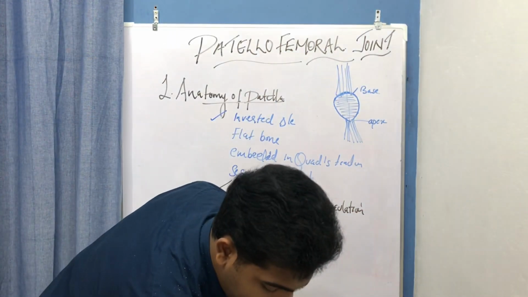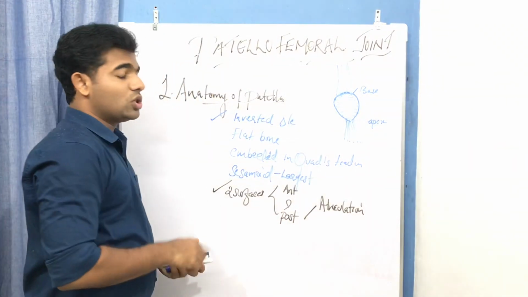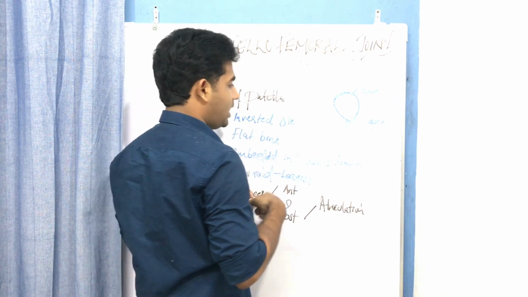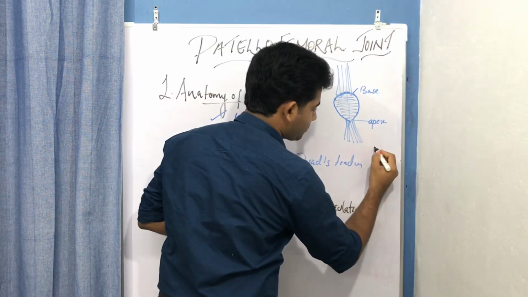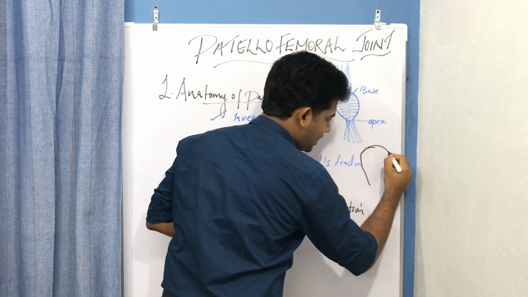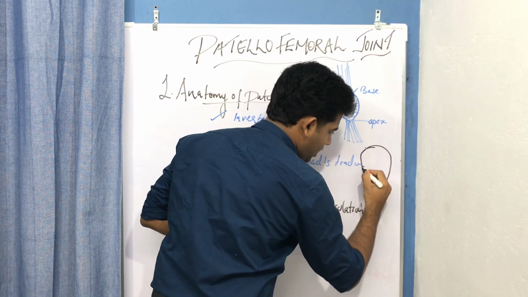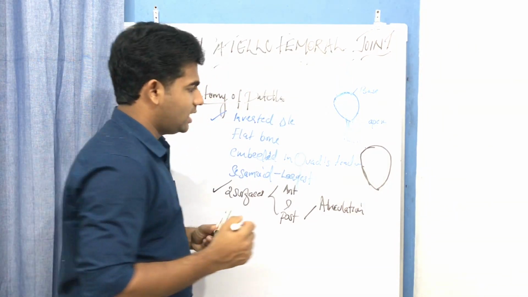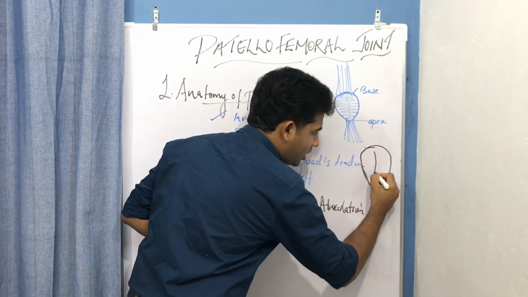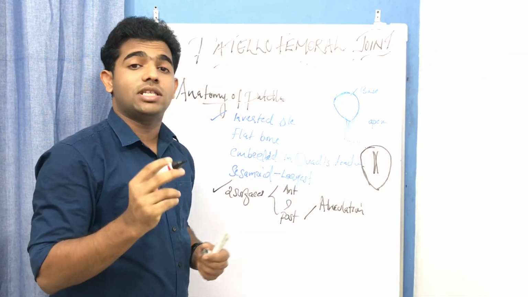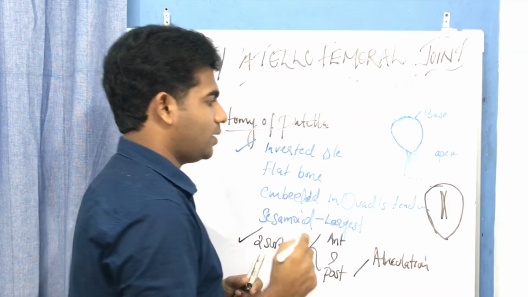And now we are going to discuss the biomechanics, so we need to dig into the posterior surface. Let us draw another diagram showing the posterior surface of the patella. Let us imagine this as the posterior surface of the patella. We see that there is a central ridge in the posterior surface of the patella.